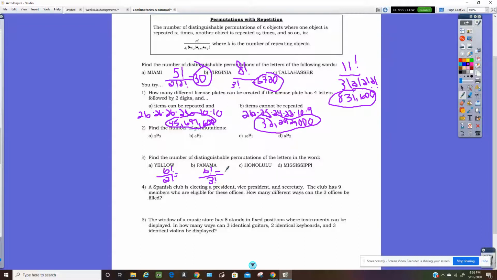So 30 times 4 is 120, and then this would just be 120 times 3, 360.